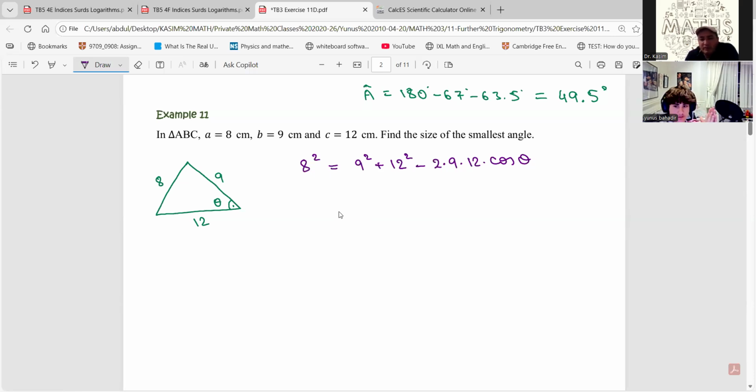Let me just write cosine of theta without simplifying. What is cosine of theta? Well, 9 squared plus 12 squared minus 8 squared, right? I move this cosine term to the left and a squared to the right, and divide by 2 times 9 times 12.